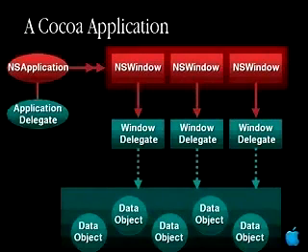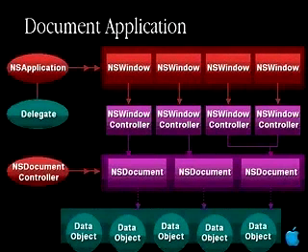So if you were at Becky's talk a couple days ago, you saw this picture. This is a non-document-based Cocoa application, and you may be wondering what the document system changes this picture into. Basically, the window delegate objects become NSWindowControllers. Now, a window controller often is the delegate of its window.